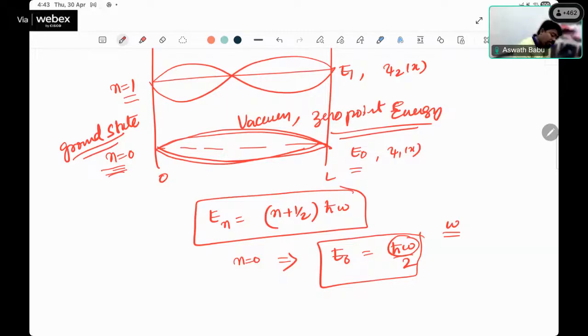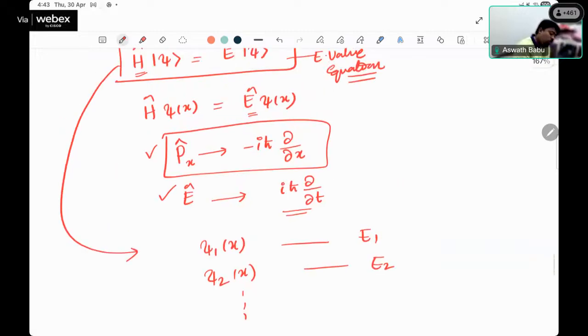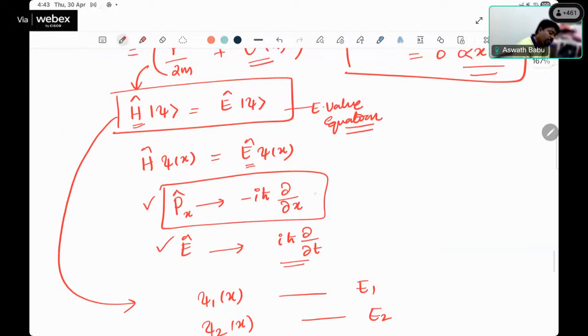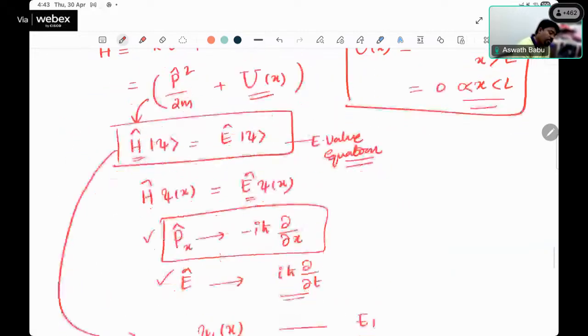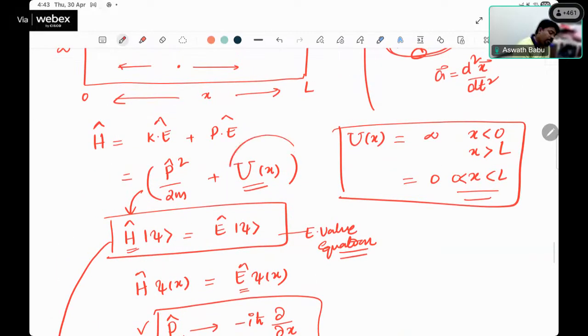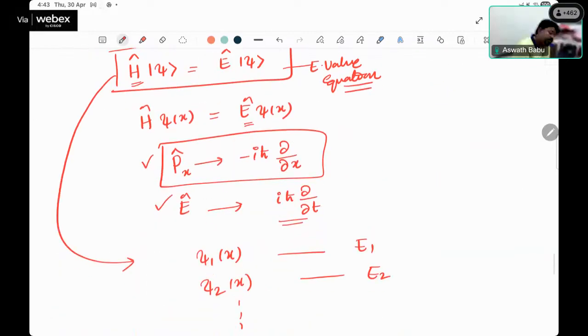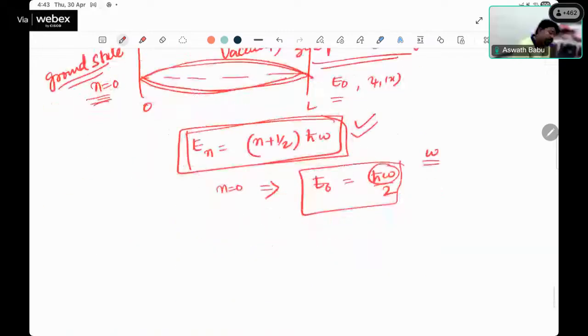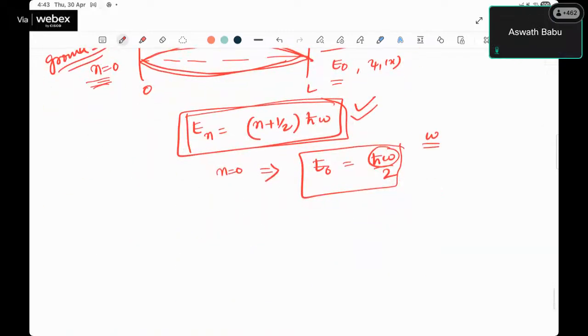Okay, where is this expression coming from? This expression comes when I solve the Schrodinger differential equation for a given potential well, this type of potential well. If I solve it, I'll get this. So in this case, I can't have noise in the energy less than h omega by 2.